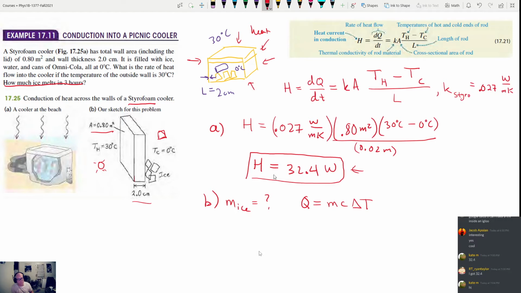Kate says H times T. Sure. If I take H and I multiply by time, that should give me the amount of heat, right? Now remember, this is ice melting, so are we sure this is the right equation? Or do we want to use the other one?